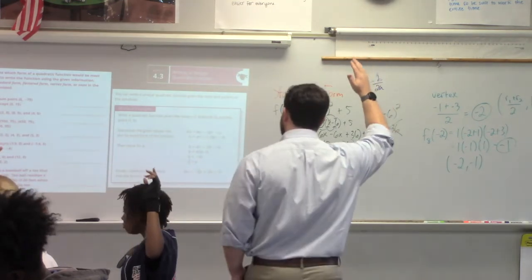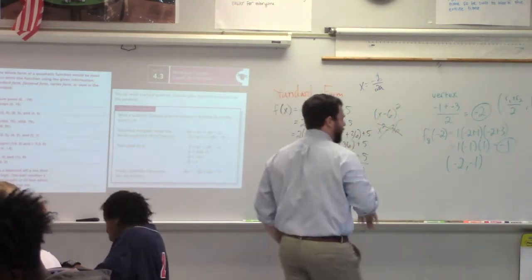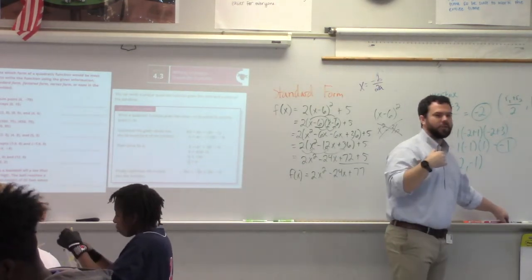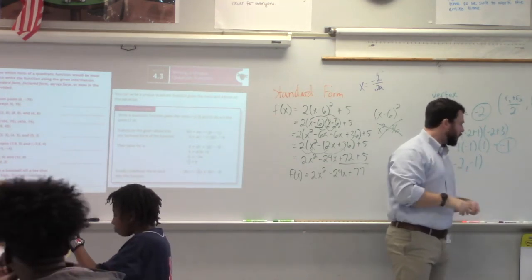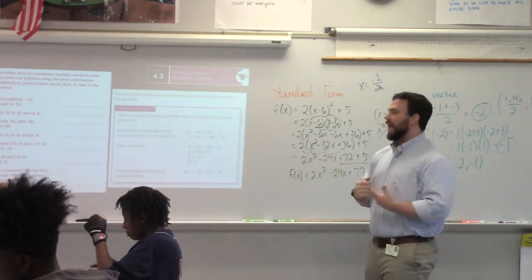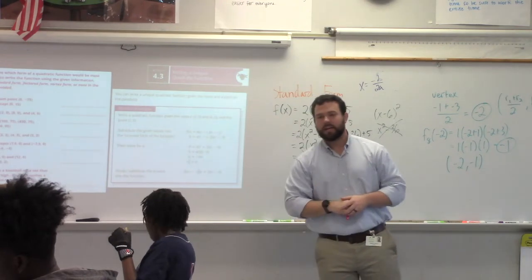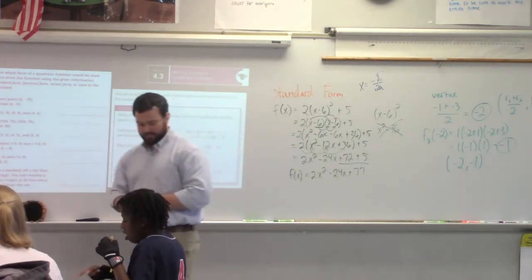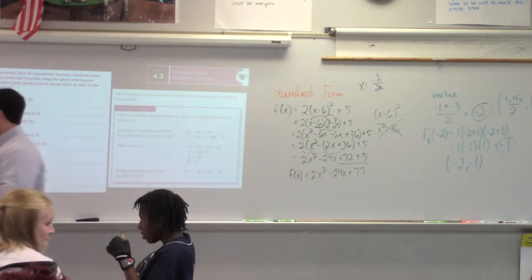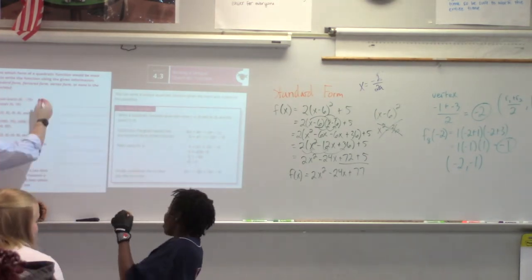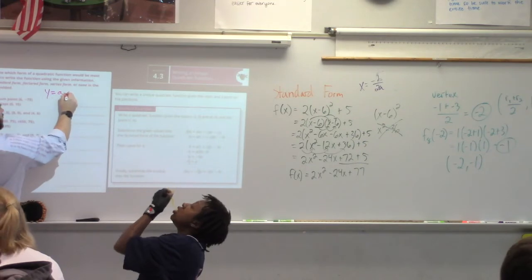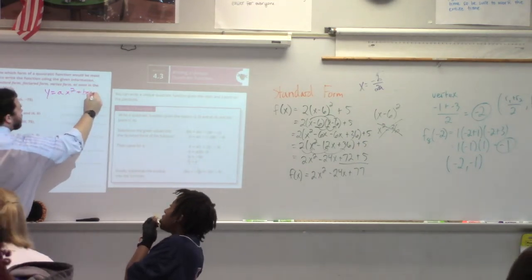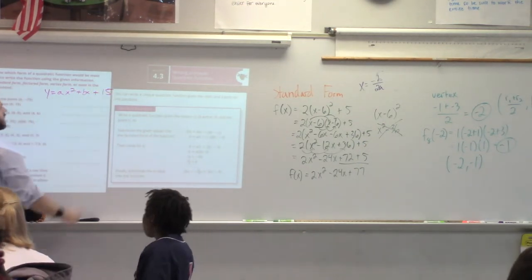Alright, I want to go ahead and address a common misconception on part A right away, because I heard a couple people talk about this. A does have the y-intercept, right? So that might make you think about standard form. Standard is what I have with the y-intercept, but the only thing that tells me is that C is 15.